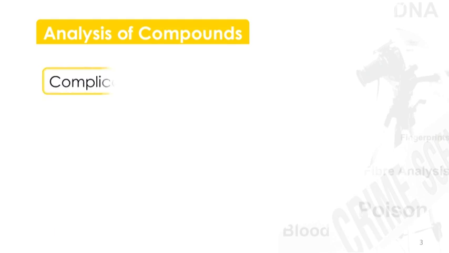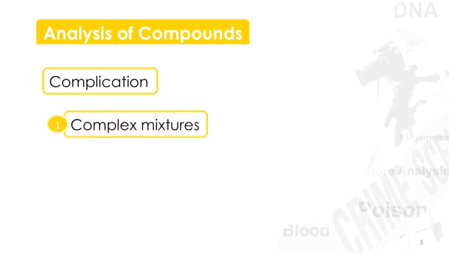A complication in the analysis of compounds, which we did not encounter in the analysis of elements, is the fact that the samples being given for analysis are actually very complex mixtures. If you think, for instance, of a blood sample or a urine sample, there are a huge number of different compounds within that sample, and most of them are quite innocuous.